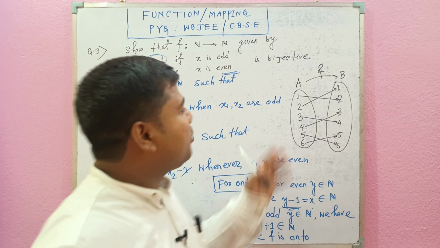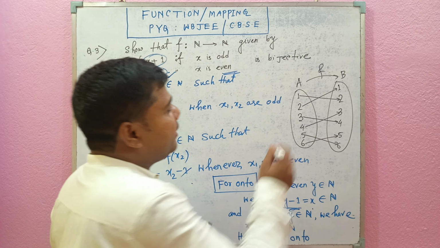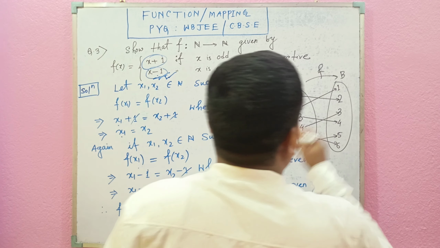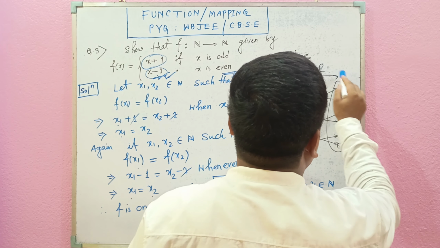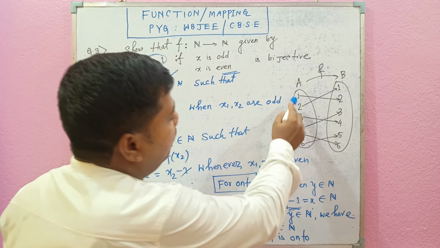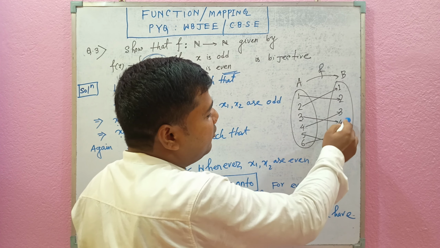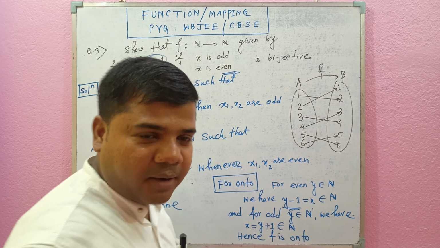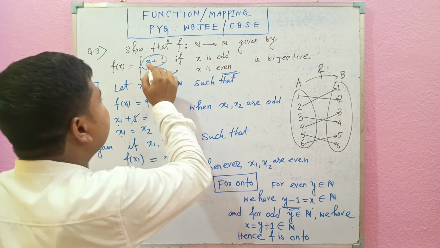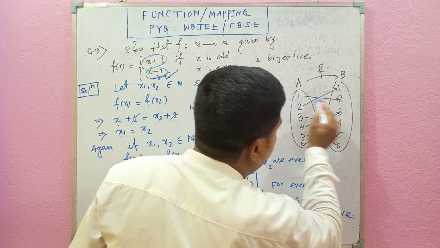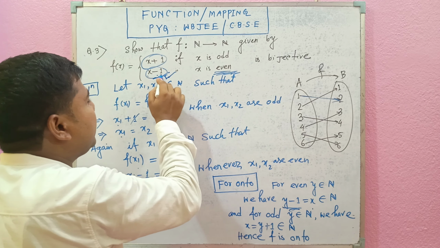Also, we can prove this problem with the help of a diagram. Here set A and set B, mapping from A to B. A contains the elements 1, 2, 3, 4, 5, 6 and B contains 1, 2, 3, 4, 5, 6, etc. 1 is odd, so the output is 1 plus 1 is equal to 2. So 1 maps to 2. 2 is even, then 2 minus 1 is equal to 1.